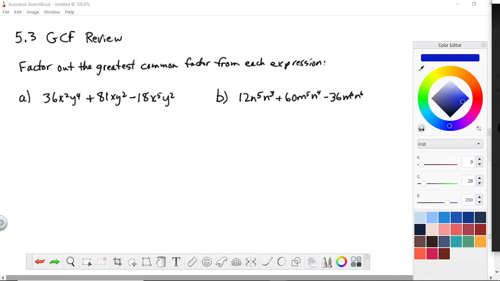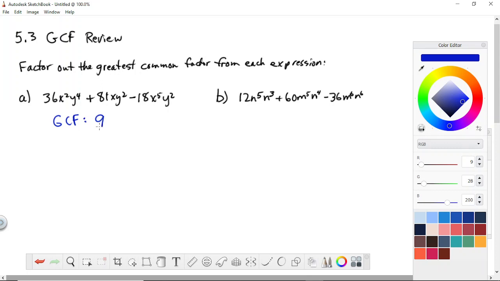We know 18 doesn't work. If 9 works, it will be the greatest common factor. And 9 does divide into all of those, so we now have the number part of the greatest common factor, and that is 9.